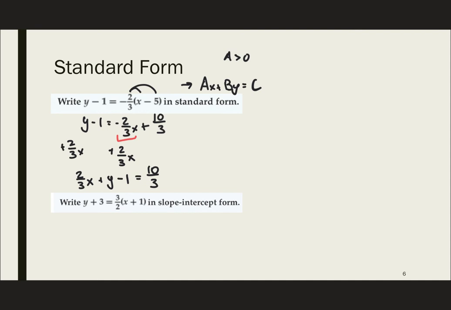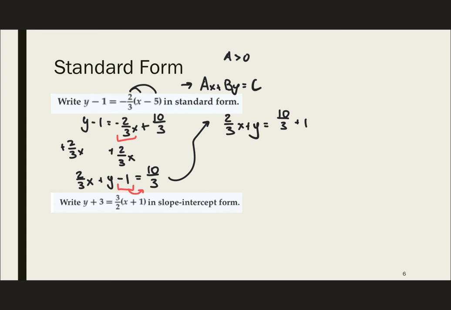Okay, now I need to move my constant term to the other side. So now I'm going to do that. I have 2 over 3x plus y, add 1 to both sides, and now I have 10 over 3 plus 1. Okay, we have to combine those back 2 right there.